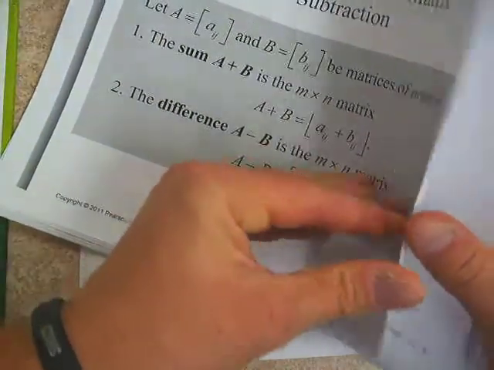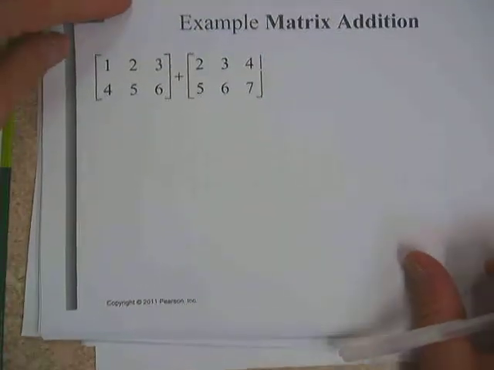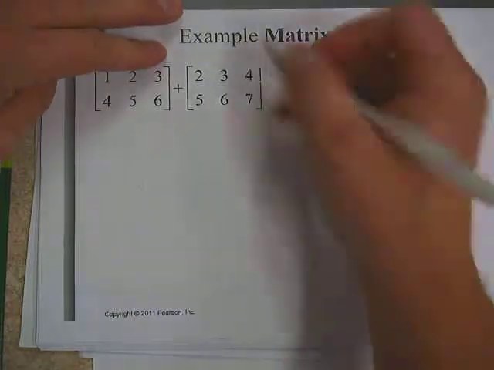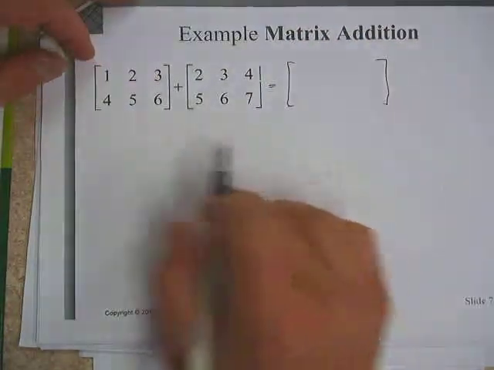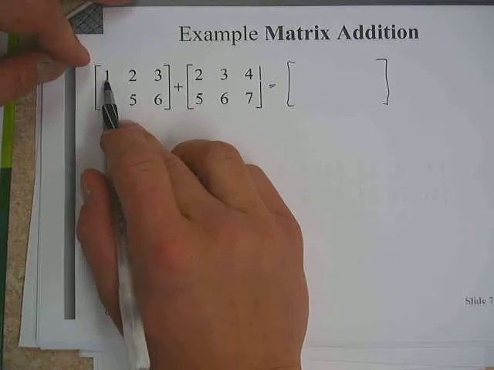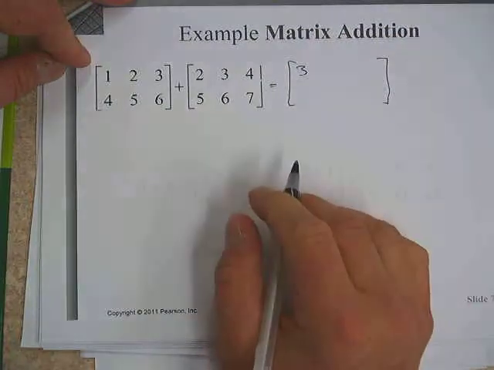For instance, if we were asked to add these two together, we could certainly do that because they're both 2 by 3 matrices. The result is also going to be a 2 by 3 matrix. Then we're just going to go through each of the elements and add them together.